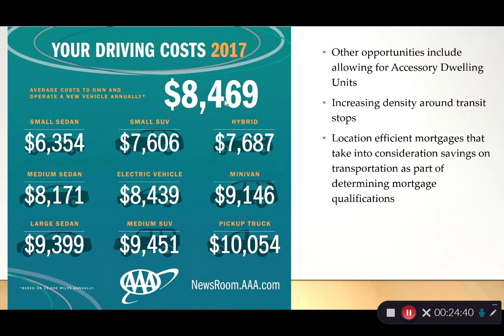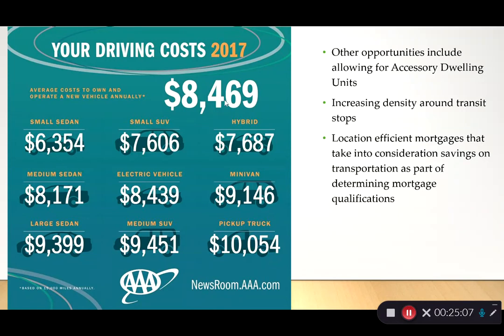So if you could add $700 a month to your rent or to your mortgage payment, that's a lot more you could afford. And if you only had to add, say, 500 of that to a rent, then that's $200 a month you're putting in your pocket, because you're living in proximity to transit. So certainly an opportunity to make housing more affordable if we add more housing in proximity to transit.